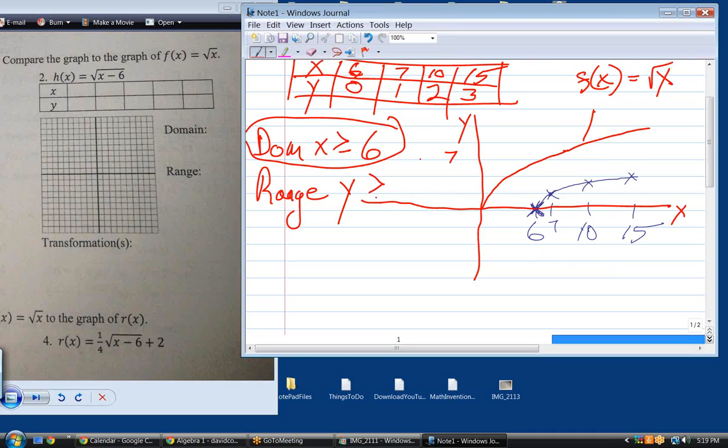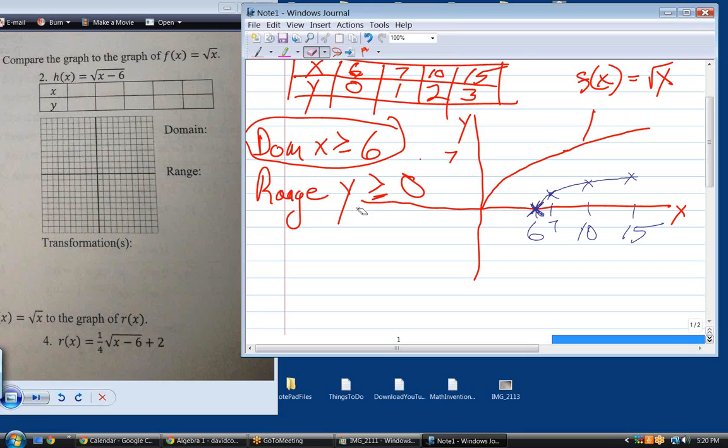Greater than or equal to what? 0. That's it. This value right here is 0. All these other values are greater than 0. And if you think about it, when you take the square root of anything, the answer is either 0 or positive. So it makes sense that the range would be greater than or equal to 0.